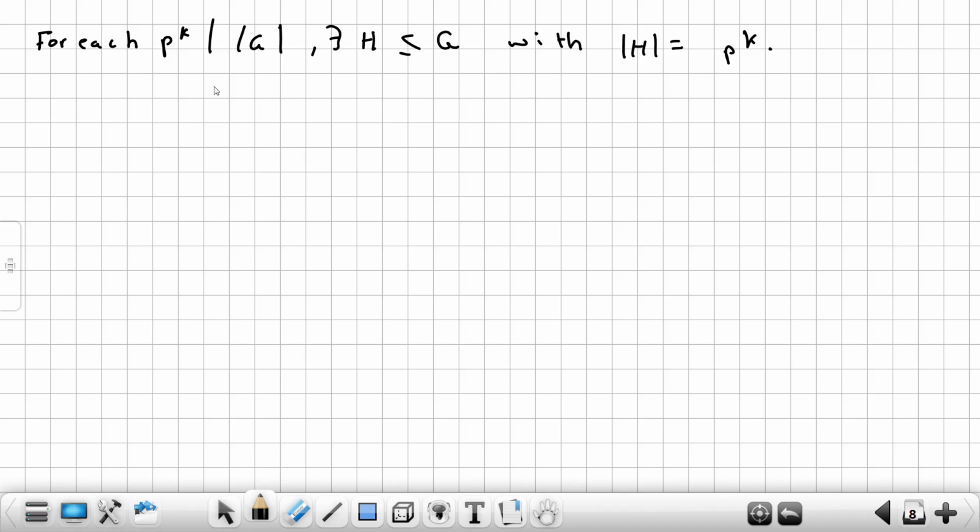Now Cauchy's theorem says that if you have a prime number p that divides the order of a group, then the existence of a subgroup of order p is guaranteed.